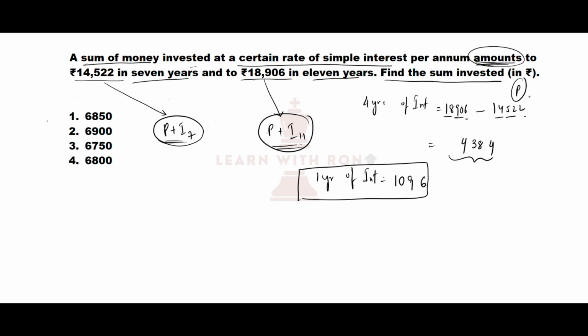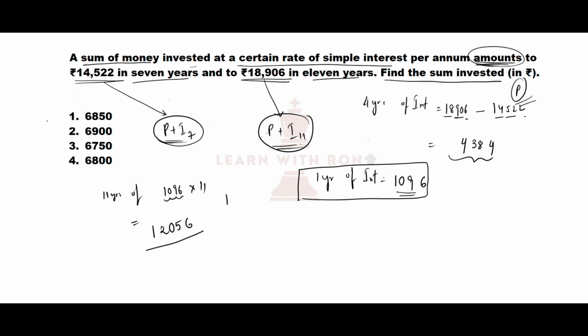So they asked us to find the principal. You can calculate 7 years of interest and subtract from 14,522, or 11 years of interest from 18,906. So I'll calculate 11 years of interest because multiplication with 11 is easy, right? So 11 years of interest means 1096 multiplied with 11. See here, 6, 9 plus 6 is 15, 1 carry forward, 9 plus 0 is 9, and 1 is 10, again 1 carry forward, 1 plus 0 is 1, and 1 is 2, and here 1.